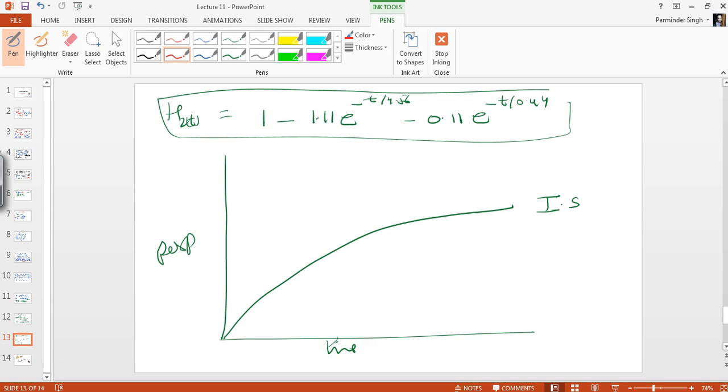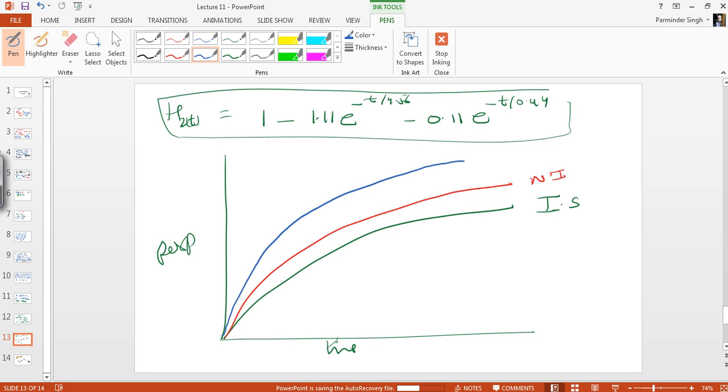Now if you compare with the non-interacting, it is a bit faster, so that's the response of the non-interacting system. And a single tank is much faster, so that is the single tank. So remember this, a single tank is quicker in response in comparison to non-interacting, and non-interacting is a bit faster in comparison to interacting.